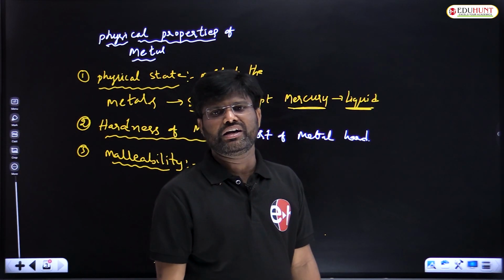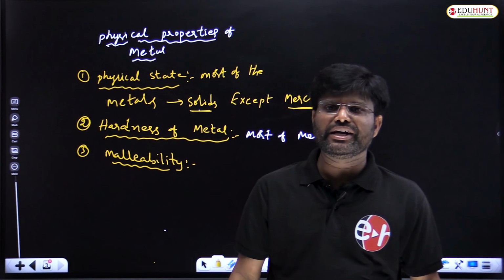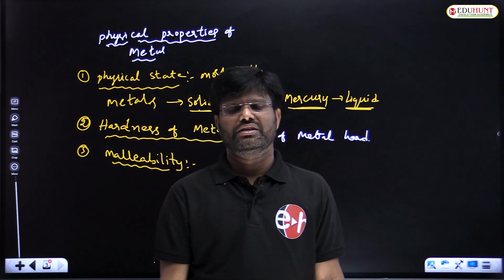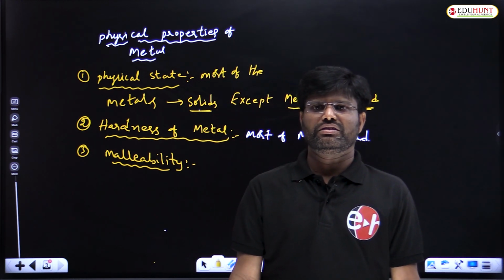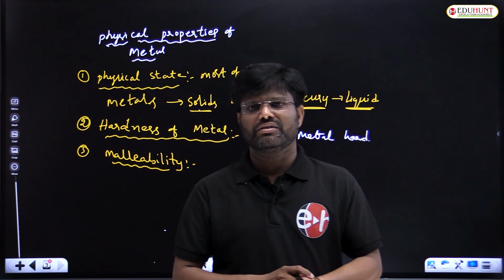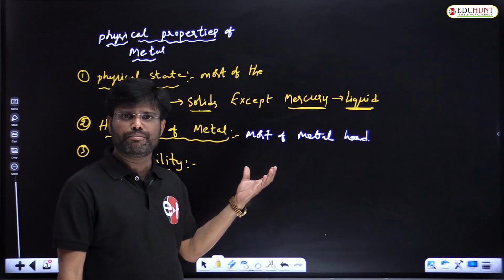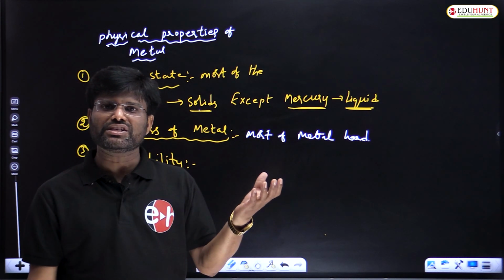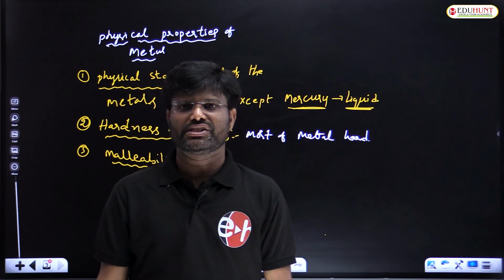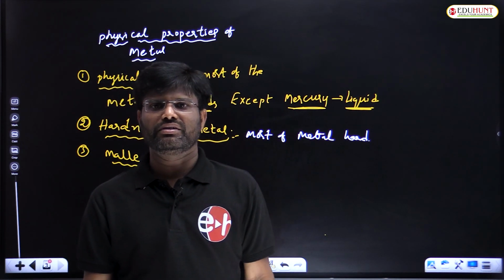The property of a metal in which metals can be beaten into sheets with a hammer is called malleability. Once again, malleability means what? The property of a metal in which metals can be beaten into sheets with a hammer.